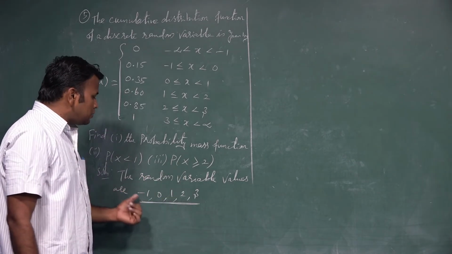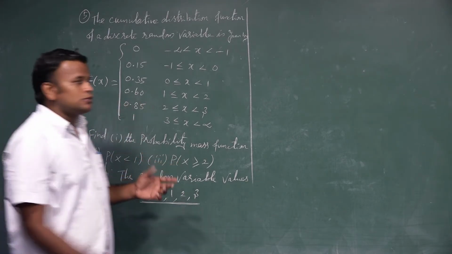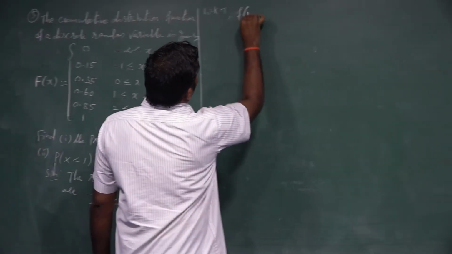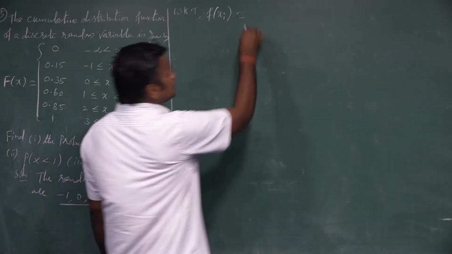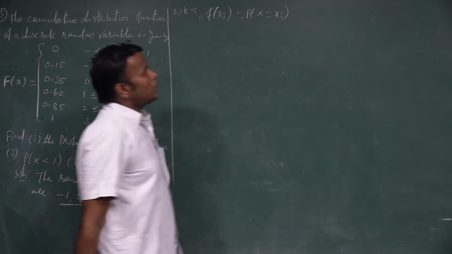Next, to find each and every random variable's small letter f of x, we write the formula. F of xi is nothing but P of capital X is equal to small xi.